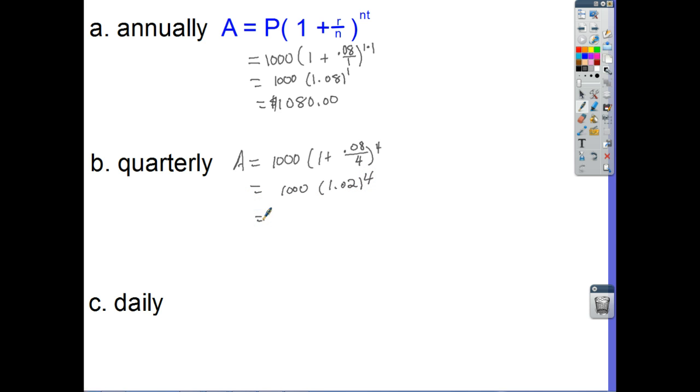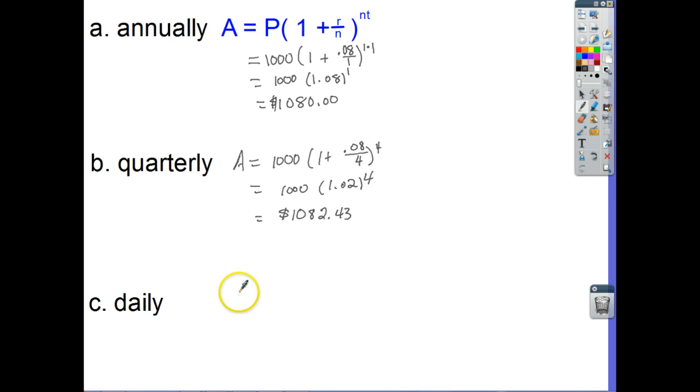And if we put that into the calculator and round it off to the nearest cent, since we're dealing with dollars, I'm going to skip that step and just tell you what the answer would be, and that is $1,082.43, rounded off to the nearest penny, and that would be to the nearest hundredth.